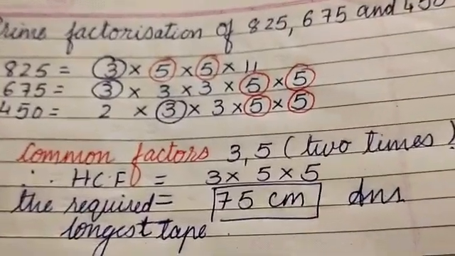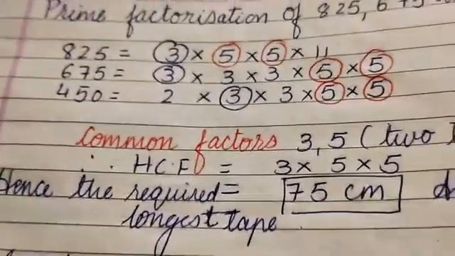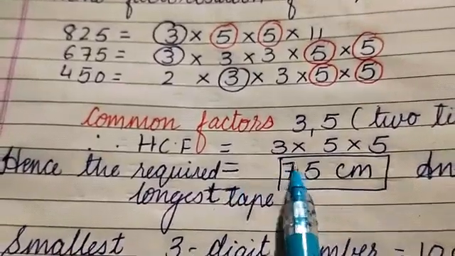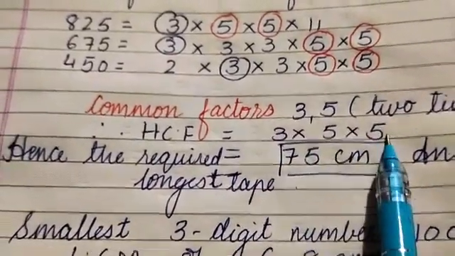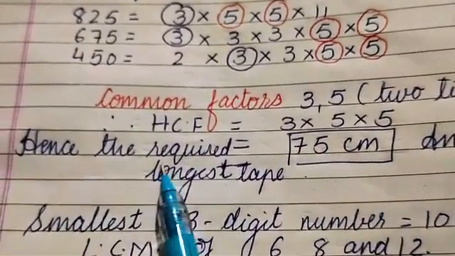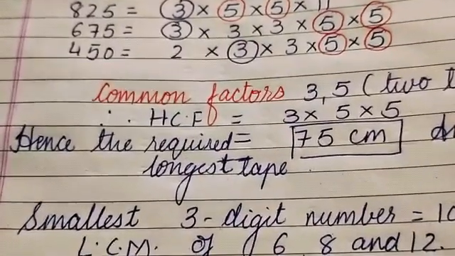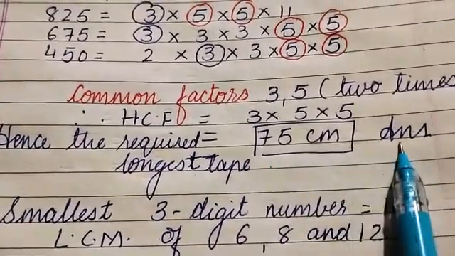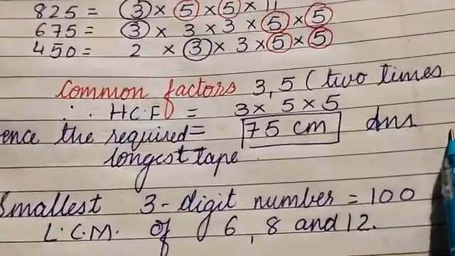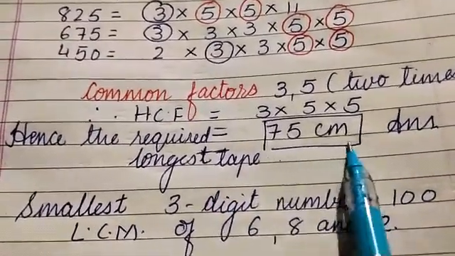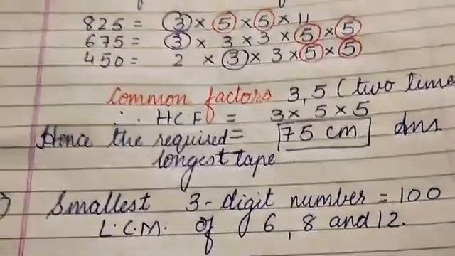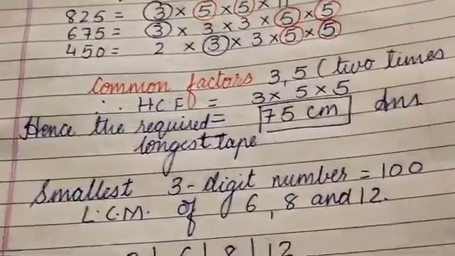So the HCF will be 3 into 5 into 5. Hence the required thing is 75 centimeter longest tape. This is your answer.